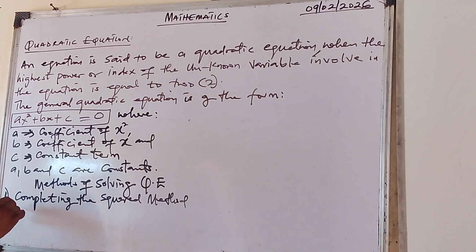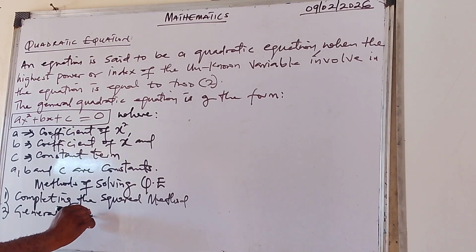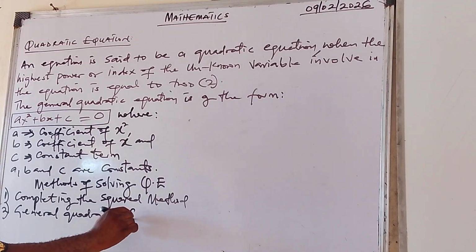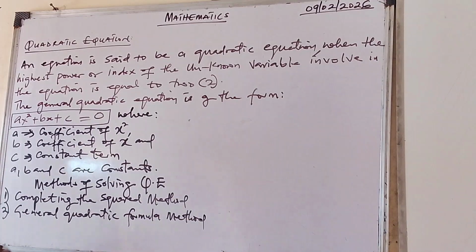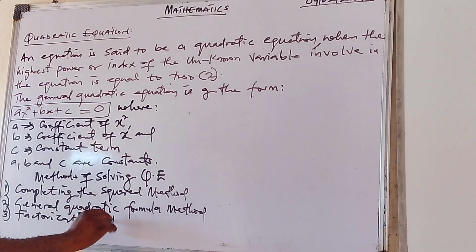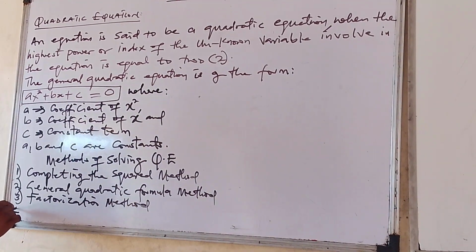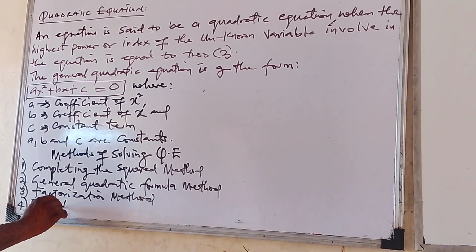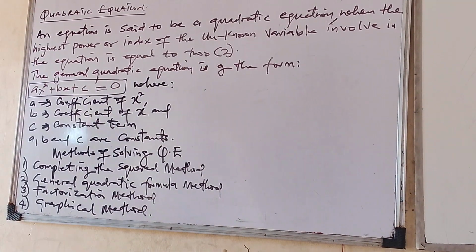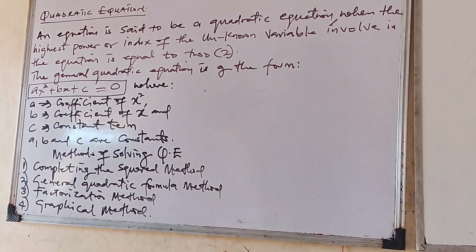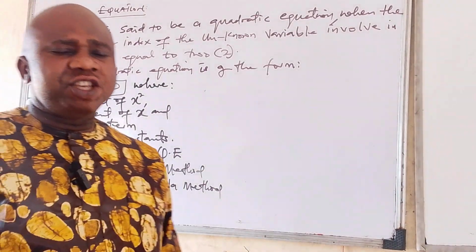Number 2, we have the general quadratic formula method. Number 3, we have the factorization method. And number 4, we have the graphical method. So at O level, these are the methods of solving a quadratic equation.